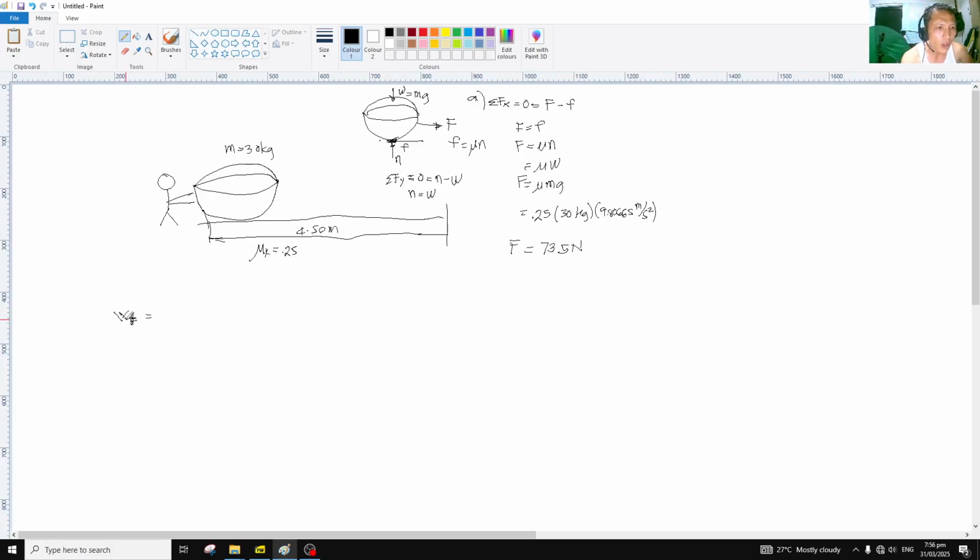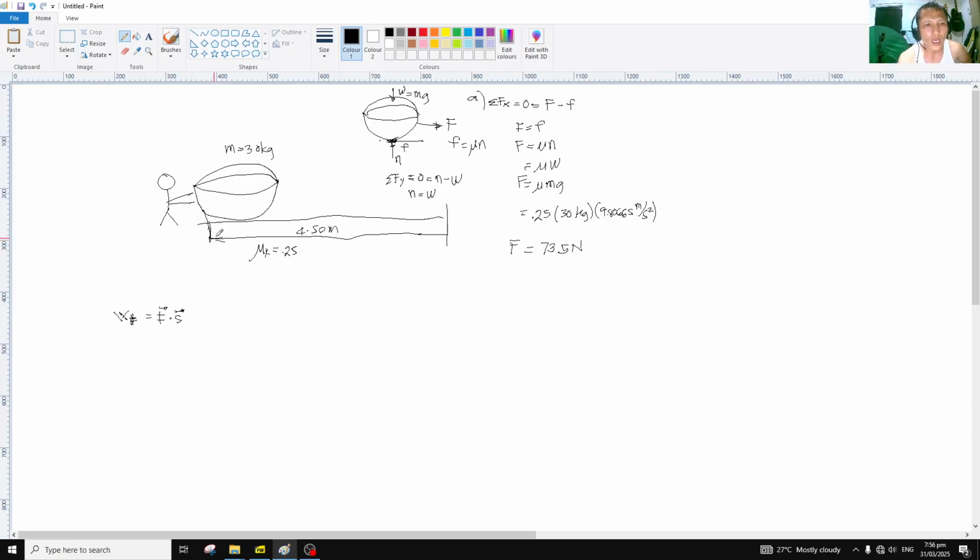This is the work because of that force F. That F is multiplied with respect to a displacement S. S would be the displacement, or x2 minus x1, which is the 4.50 meters.